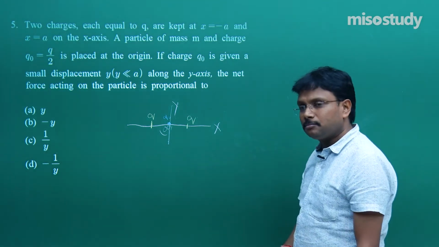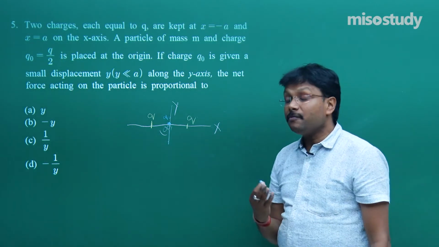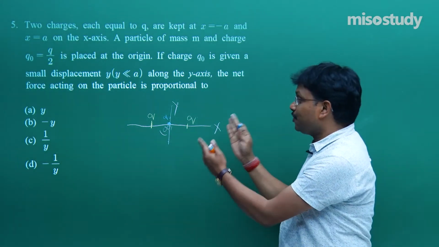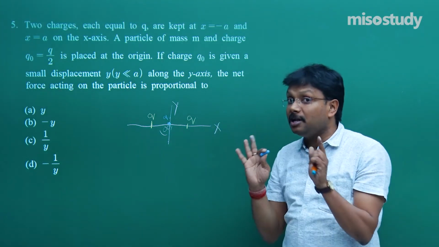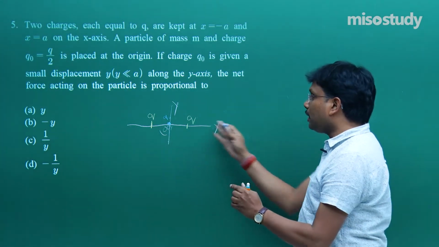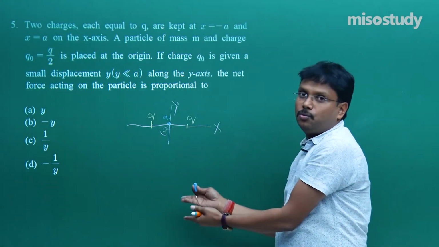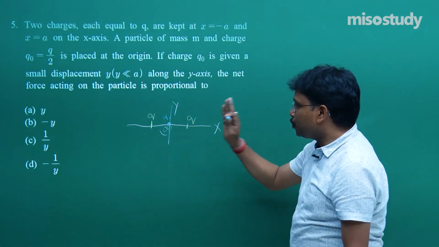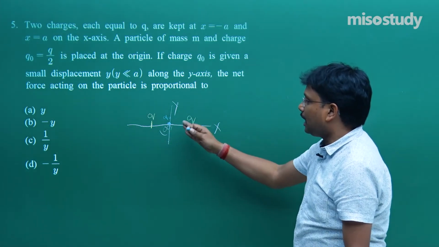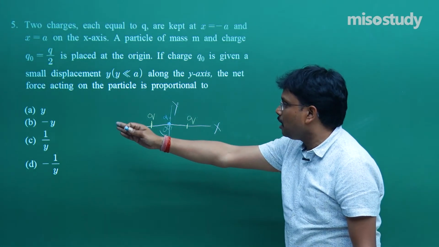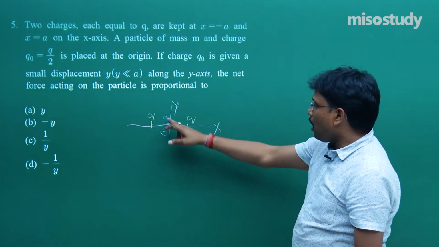Now, this is something which I am trying to show you. You have to move in exactly this fashion in the examination hall. It's not required that you draw a beautiful diagram because no one is asking you. The point is that you should have clarity of what exactly you are doing, then you will find the correct option. So now Q0.